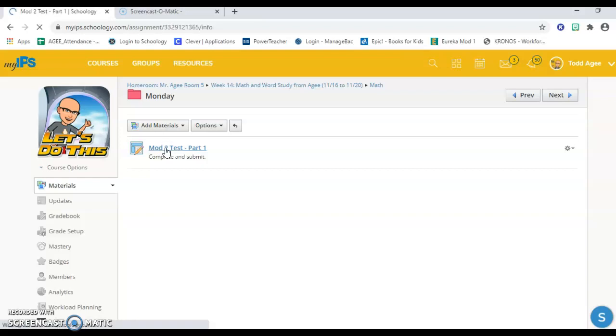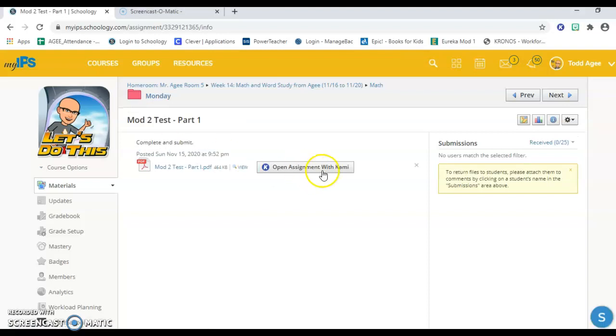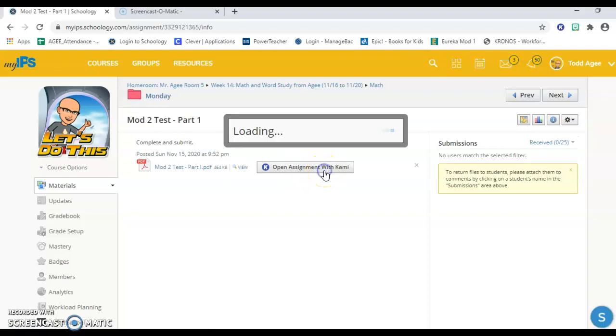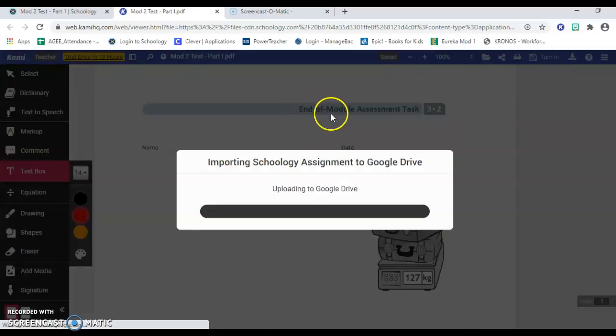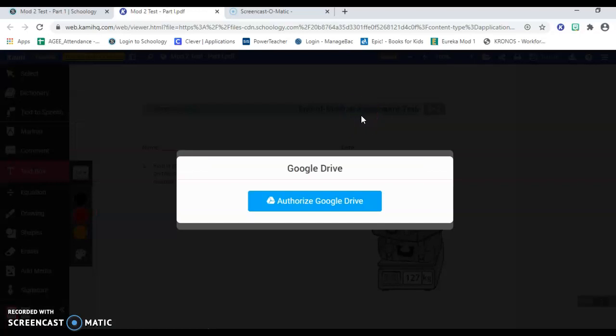So let's click in here and take a look at what you've got to do. You're going to open the assignment with Kami and you're actually going to do the assignment in Kami. I'd like to remind you that it should automatically save your work when you open the test in Kami.